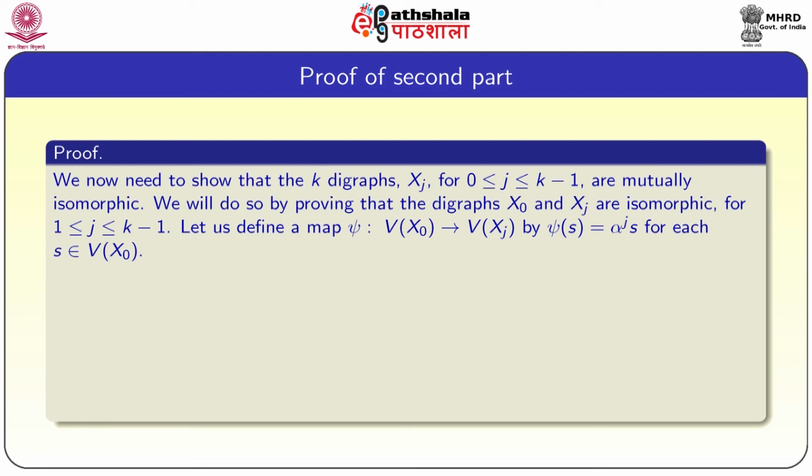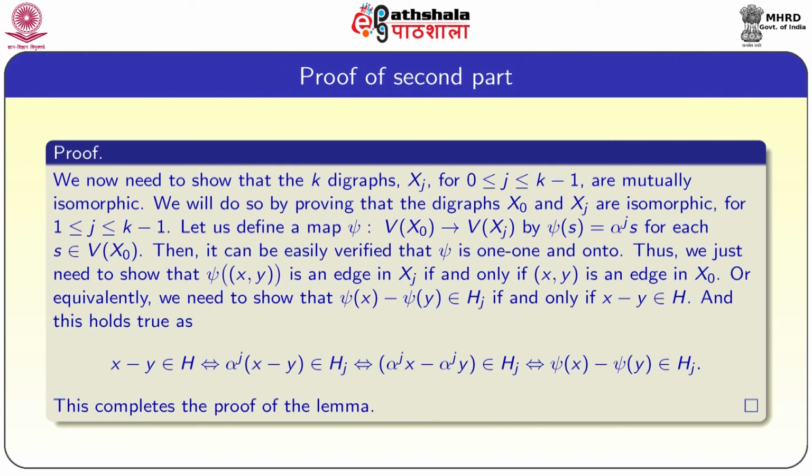So, let us define the map psi from the vertex set of X0 to the vertex set of Xj by psi of s equal to alpha^j times s for each s belonging to the vertex set of X0. Then it can be easily verified that psi is one-one and onto.